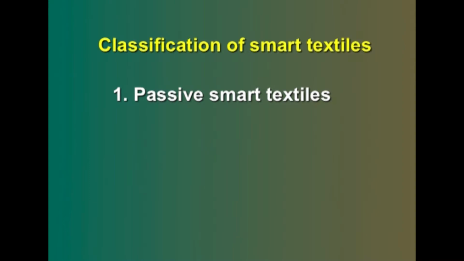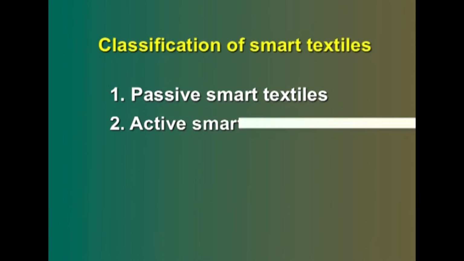Let us now understand about the classification of smart textiles. Passive smart textiles, the first generation of smart textiles, are only able to sense the environment or user based on sensors. Active smart textiles, the second generation, have both actuators and sensors.